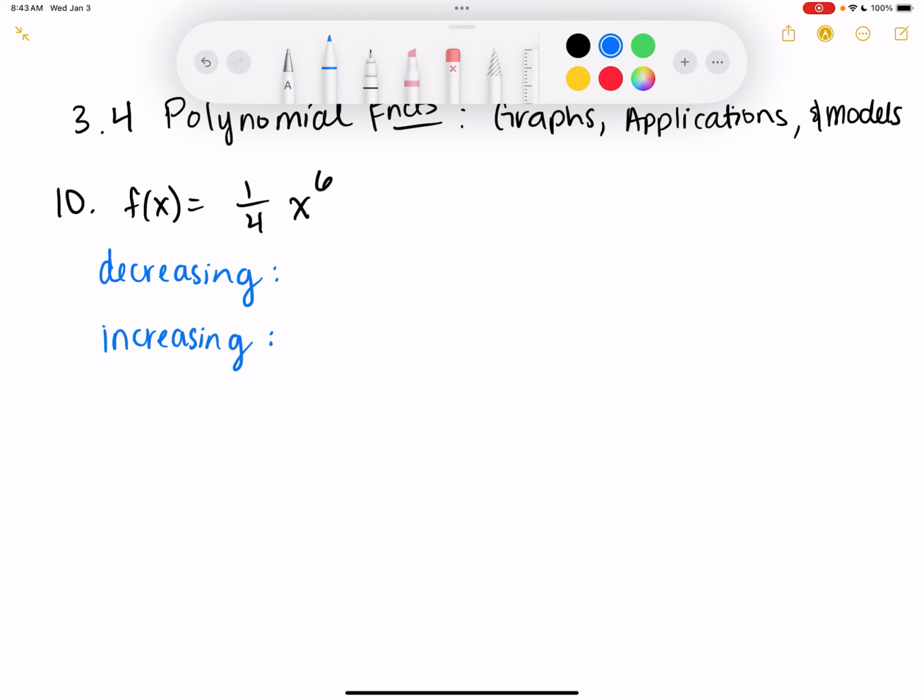I'm going to see if it'll, or wait. Did you graph it at all? So you didn't put that in?